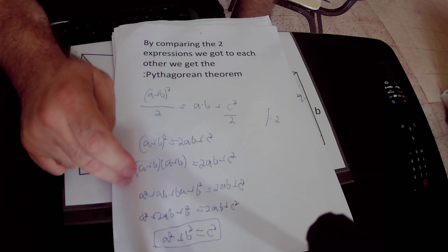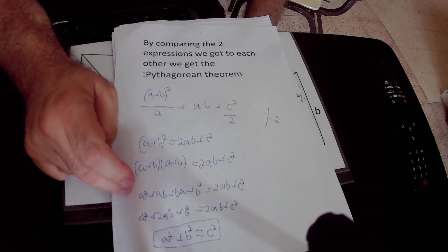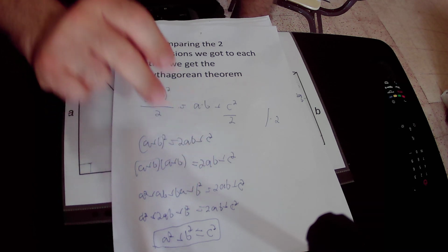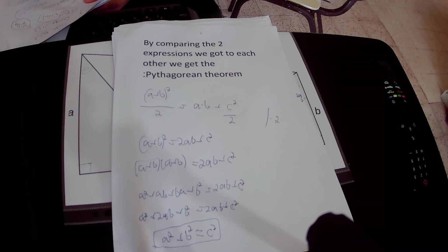And if we subtract from the two sides of the equation 2AB, then we will get that A squared plus B squared is equal to C squared, and this is exactly the Pythagorean theorem, which says that the square of the hypotenuse is equal to the sum of the squares of the perpendiculars.